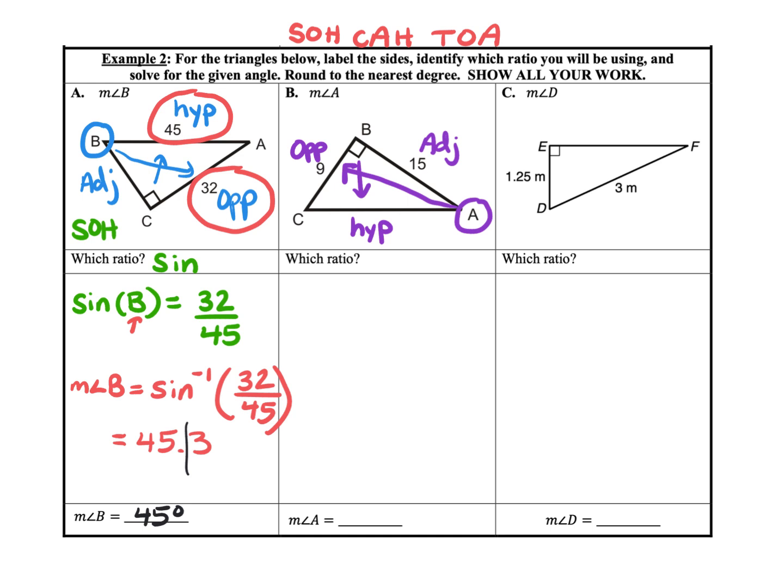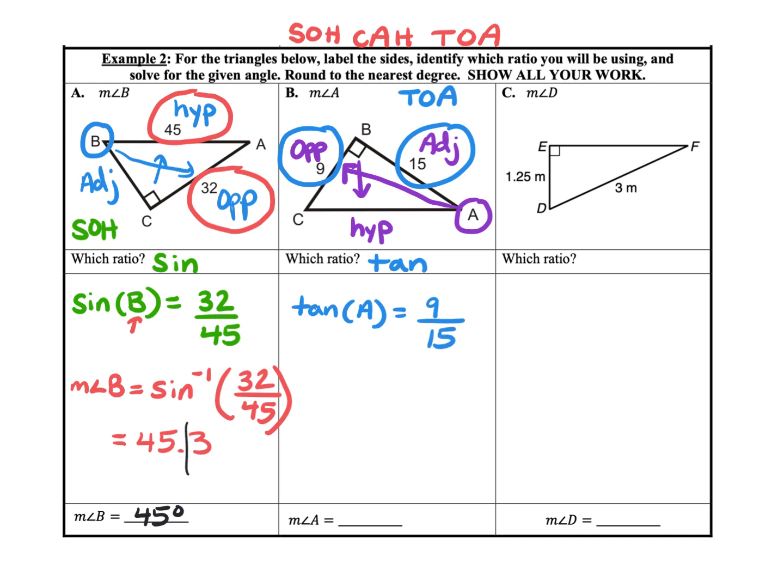Now let's focus in on the two marked sides, which are opposite and adjacent. And if we go back to our trig functions, our SOHCAHTOA at the top of the page, we need to use a tangent ratio. So I'm going to set up my equation. Tan of angle A is equal to opposite, which is 9, over adjacent, 15.